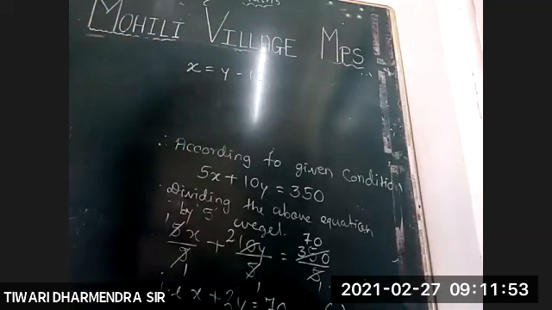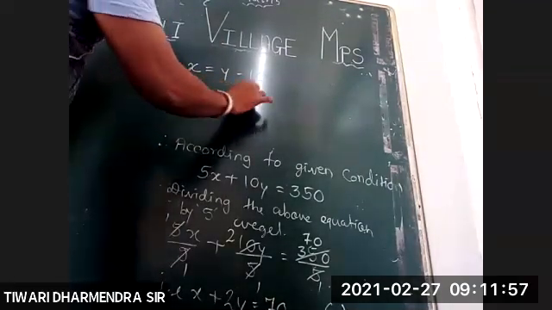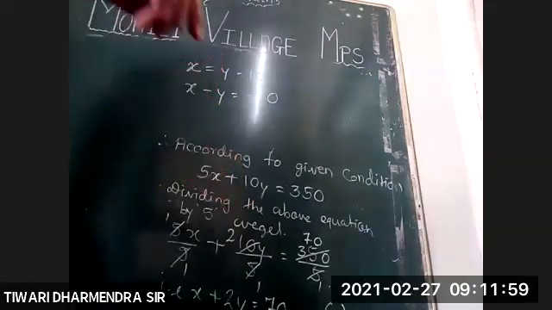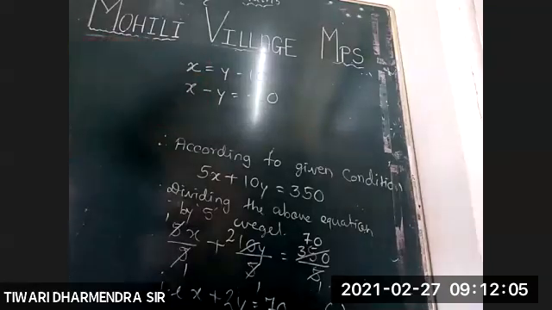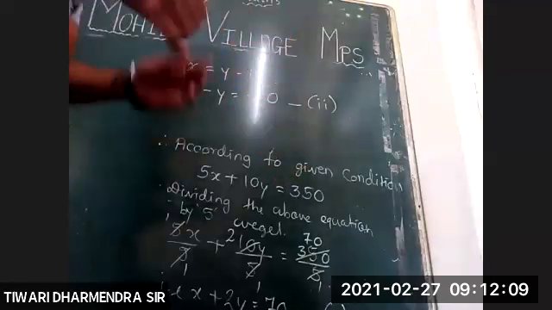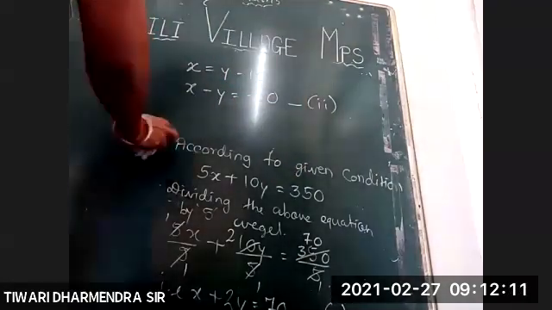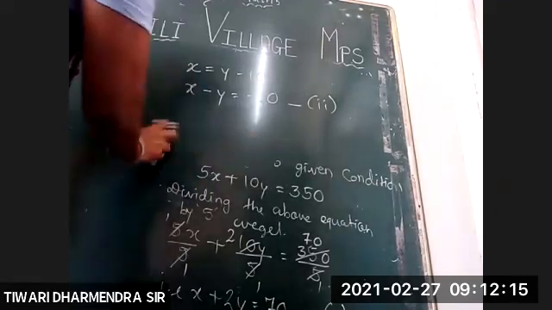Hope you have understood this. So we can write this as x minus y equal to minus 10. Say this is my equation number 2.